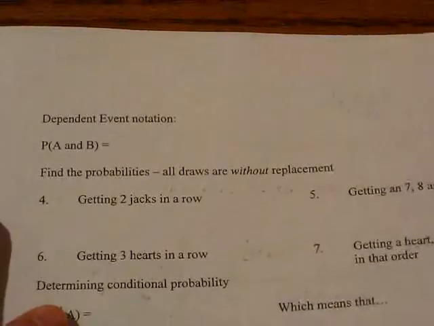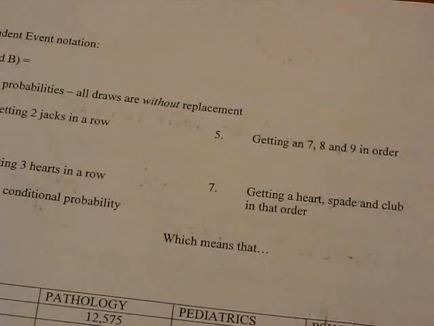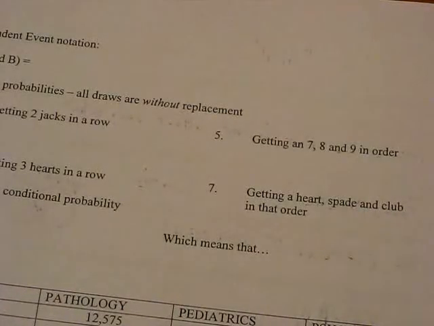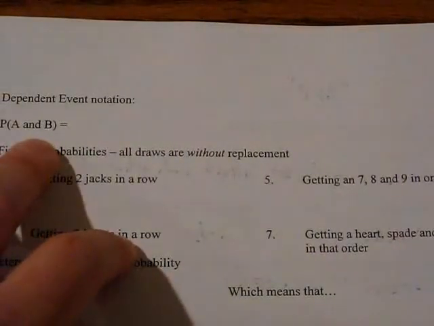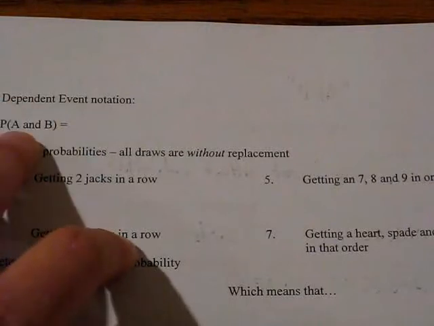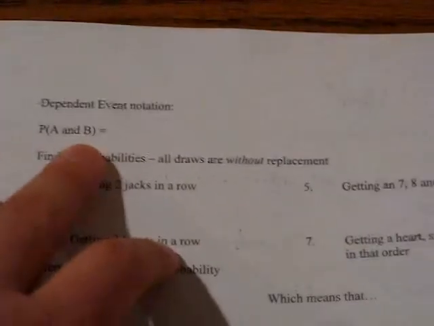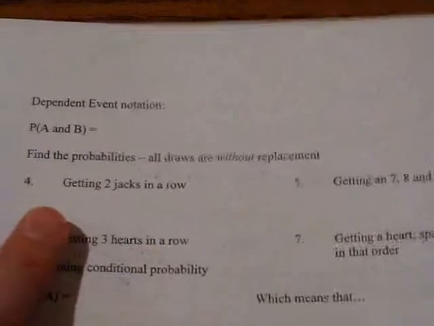Now we're going to talk about dependent event notation. A lot of times dependent events happen because the event A changes event B, like pulling a card out of a deck and not replacing it.